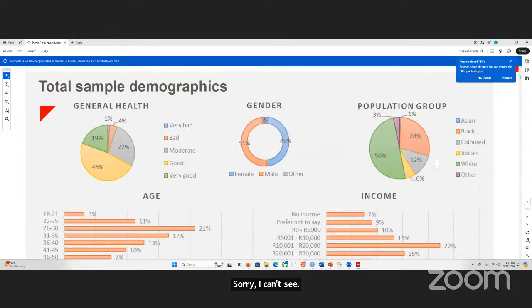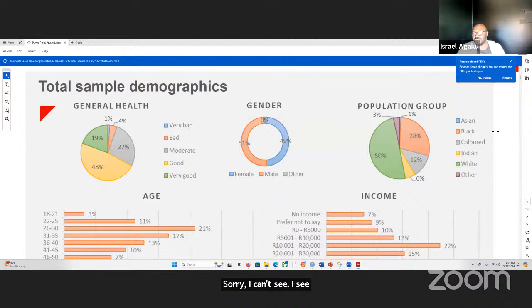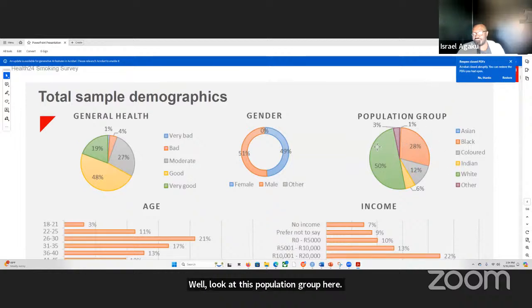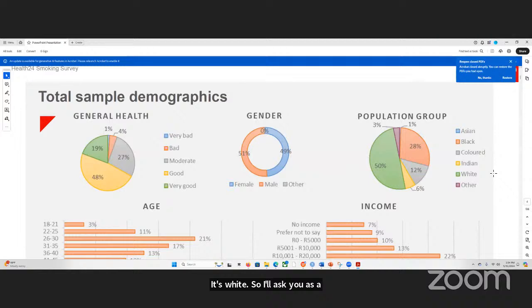We're looking at this population group here, by race. So this population, 50% of it is white. So I was asking you as a resident South African expert whether you saw something wrong with that. Oh, yes, definitely. Maybe 70% of the people in SA are Black.